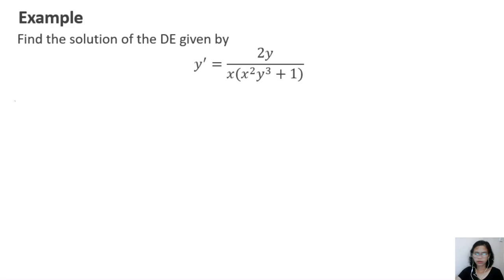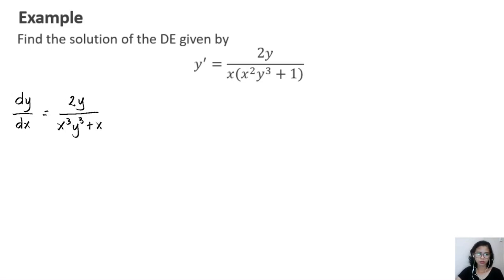So we have here dy over dx is equal to 2y all over, I'm going to distribute that one, that would become x cubed y cubed plus x.